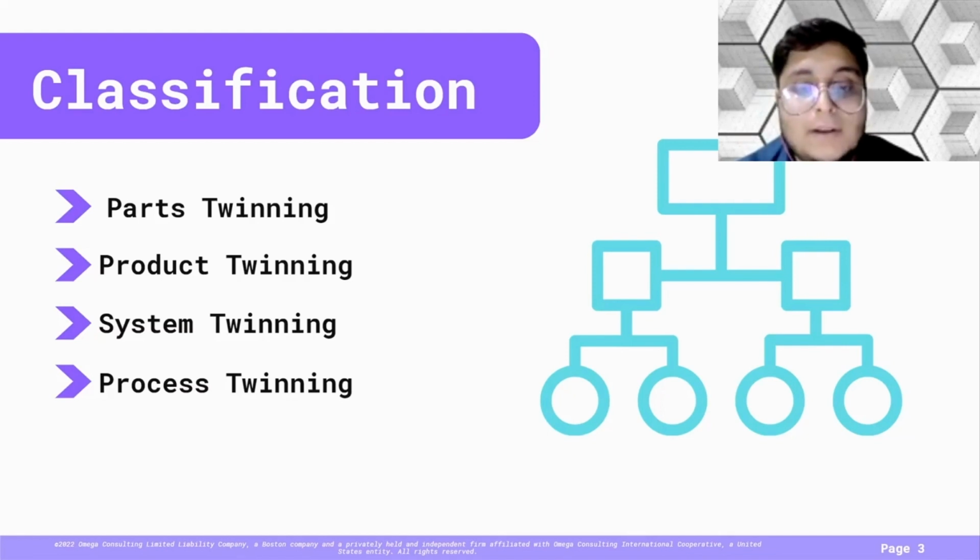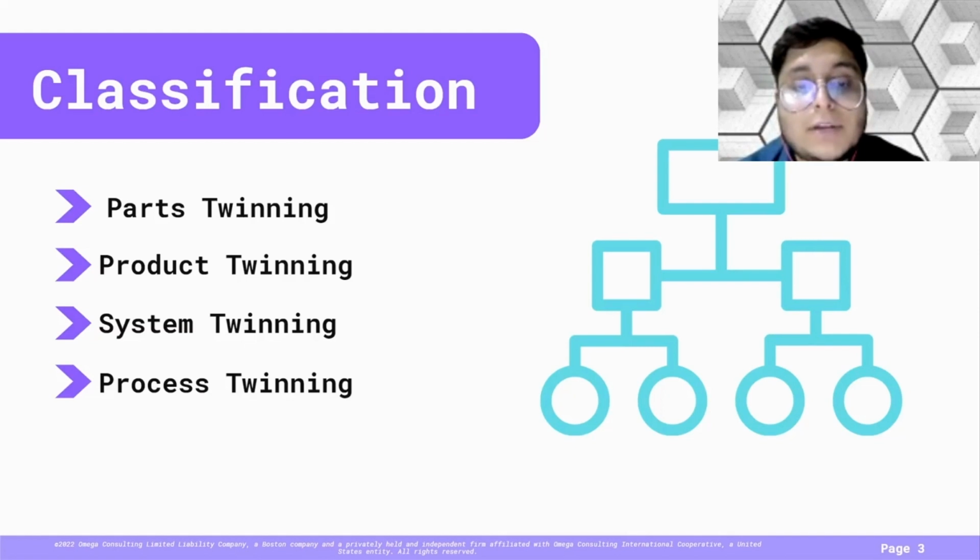Suppose we have to make a digital twin of the working of a car factory. There are several units with various parts for making the vehicle in a car factory. The twinning of the entire factory working is carried by the process twinning, which twins the whole working of the factory. There are various units in the car factory like engine making unit, body house, painting department, etc. The twinning of every team separately would be done under the system twinning.